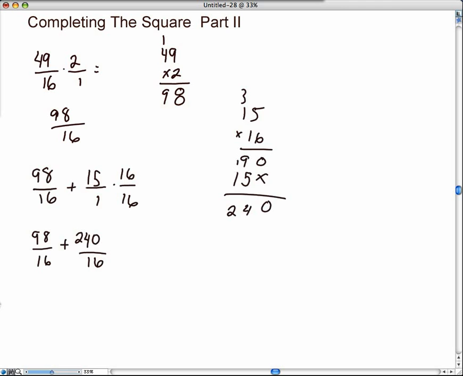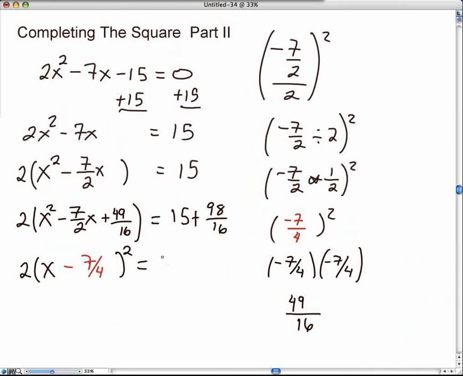And they both have the same denominators, so I'm going to add 98 to this. 98 plus 240 is 338 over 16. So that's going to be 338 over 16.